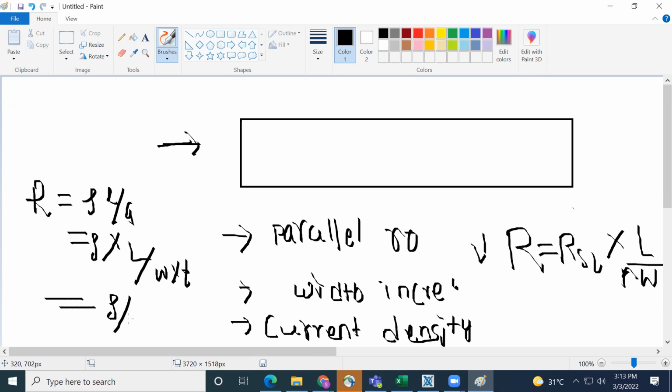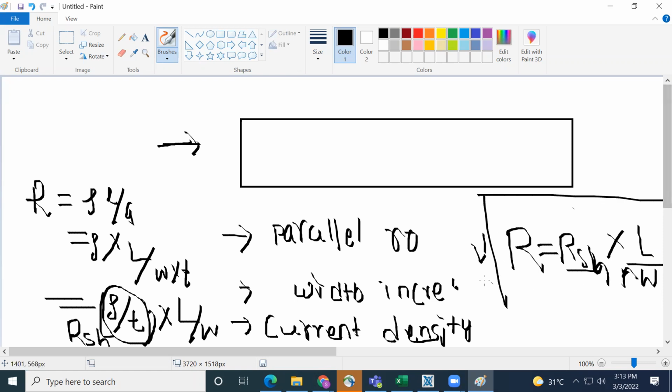So rho by T equal to sheet resistance, multiplied by L by W. That's why it is Rs. In the last class I covered this in ALD 18: R equals sheet resistance into length divided by W. Any doubt? No, sir.